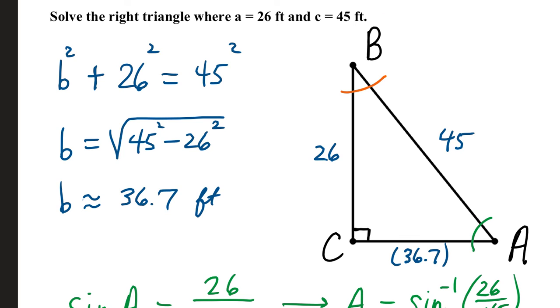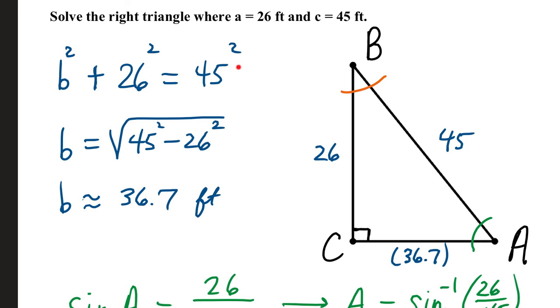We're given side A, which is opposite of angle A, as 26, and C, opposite of the 90, that's the hypotenuse, 45 feet. The only side left that we don't know is the adjacent side, or side B, the one opposite of angle B. We do know that 26 squared plus B squared equals 45 squared.